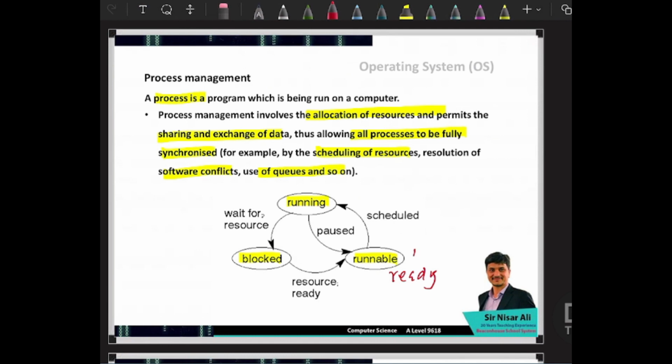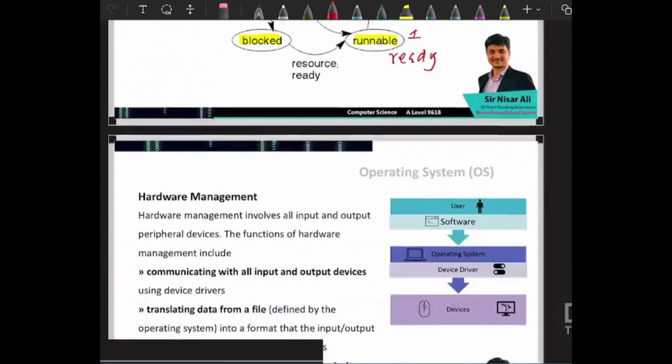So this is the first, and this is second, and after running it can end, it can quit. While running, if it waits for resources it will go to the blocked state, and once the IO operation is accomplished it will again be brought back into the runnable or ready state. So these are the states, and this is how process management is done.